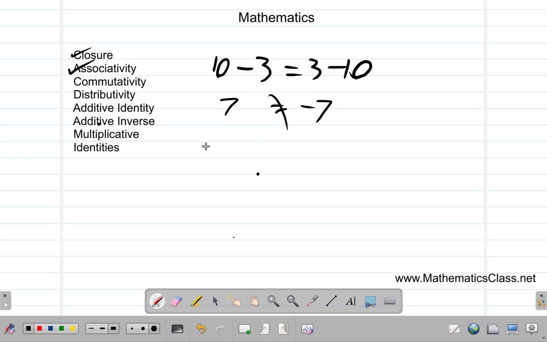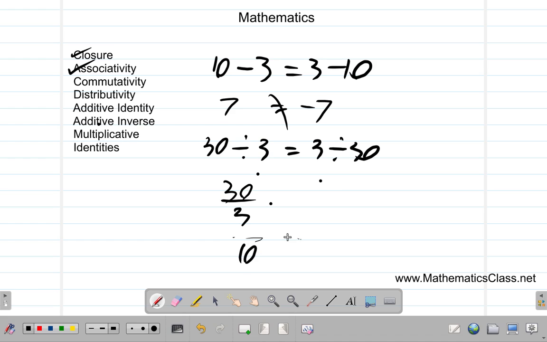What about division? Suppose you say 30 divided by 3. Wonder if it's the same thing as 3 divided by 30. No. When you have 30 over 3, the answer you get is 10. When you have 3 over 30, the answer you get is 1/10. So this equal sign wouldn't work.